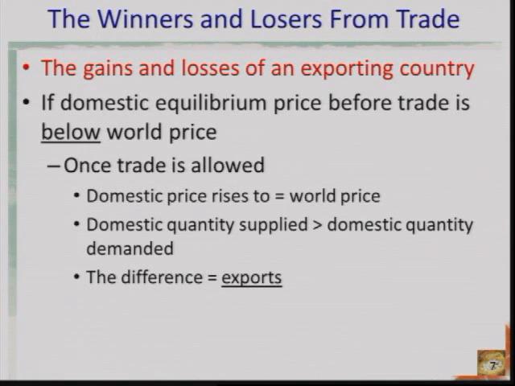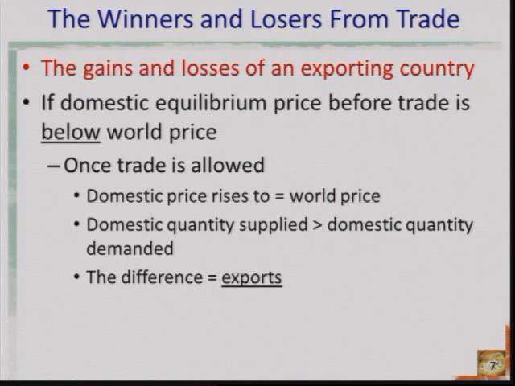So let's take a look at that first situation. All right, so if our domestic equilibrium price before we open our borders and trade with other countries is below the world price, so we can make it cheaper for $10 versus everybody else's $11, we're making some more assumptions now. Once we open our borders and trade with other students from other classrooms, your author says that our domestic sellers are going to raise the price.